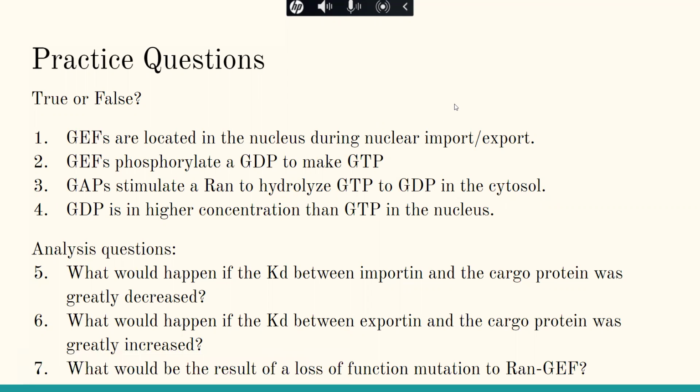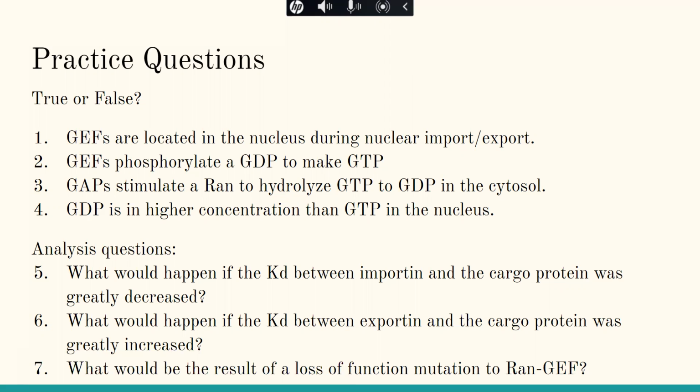So that 2 is false. 3, GAPs stimulate RAN to hydrolyze GTP to GDP in the cytosol. True or false? True. It stimulates the intrinsic ability of RAN. Yep, exactly. Good job. And then number 4, GDP is in higher concentration than GTP in the nucleus.